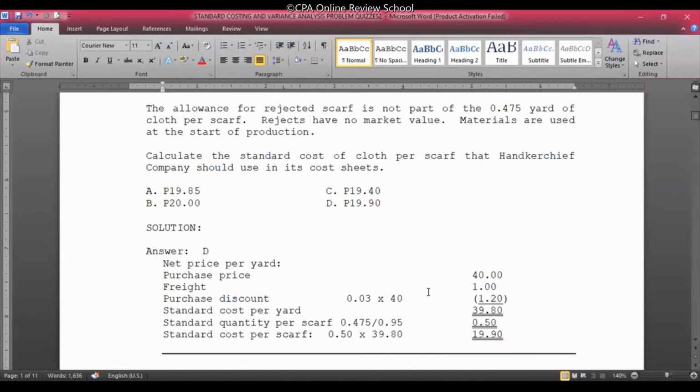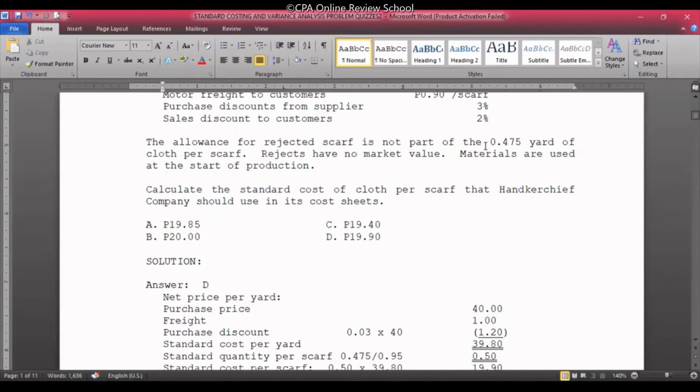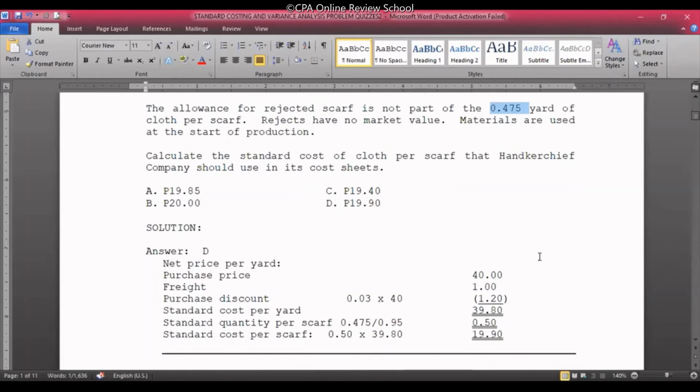However, yung measure na ito, whole pa yan. Ngayon, ang tinatanong niya kasi, para dito lang sa part na to, si 4.75 yard. Now, mag-work back ka, sabi niya 5% kasi yung reject, so meaning 95% lang. So, that is 0.475 divided by 95% or 0.95, you get your 0.5.